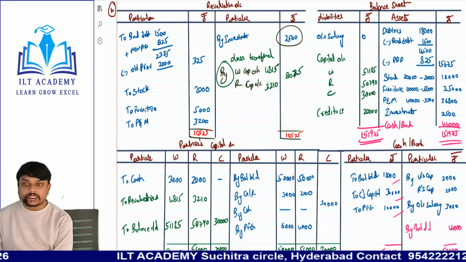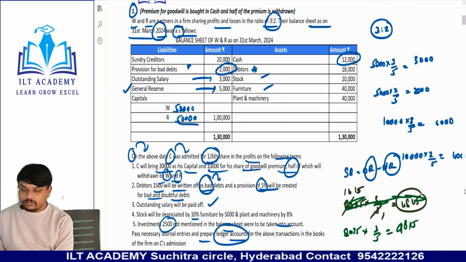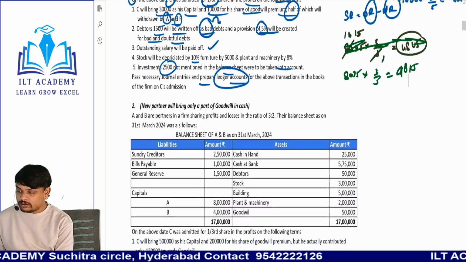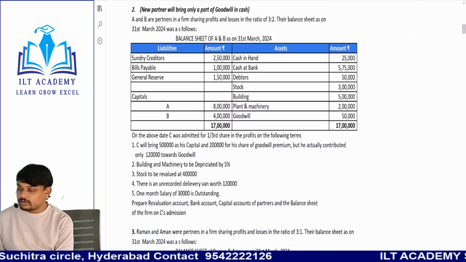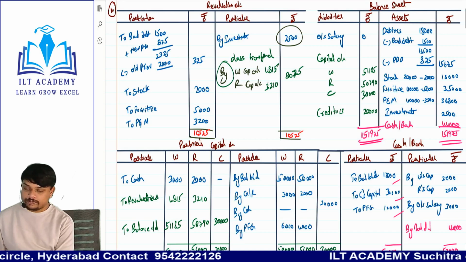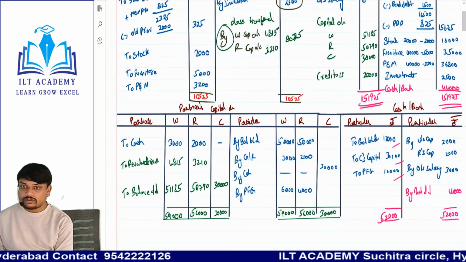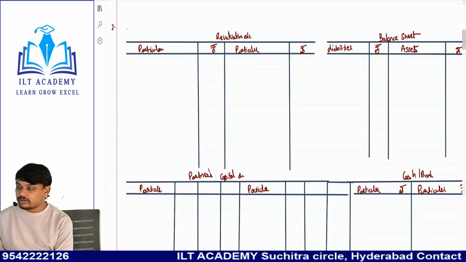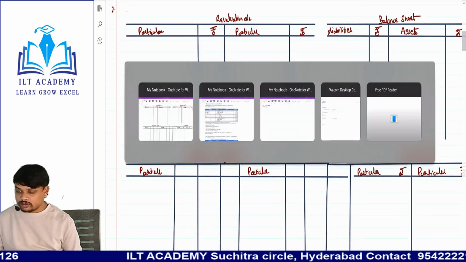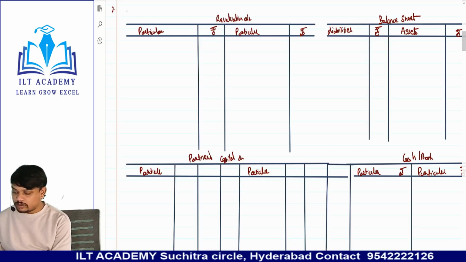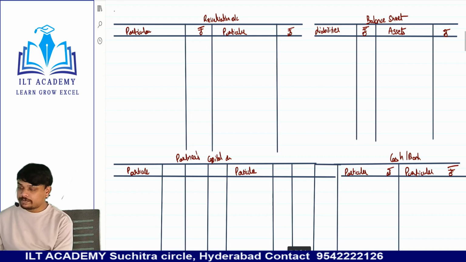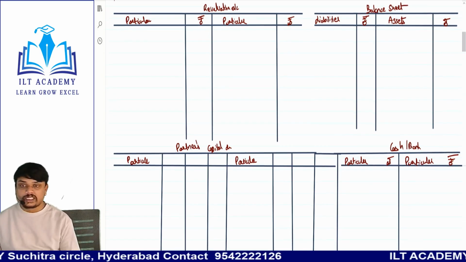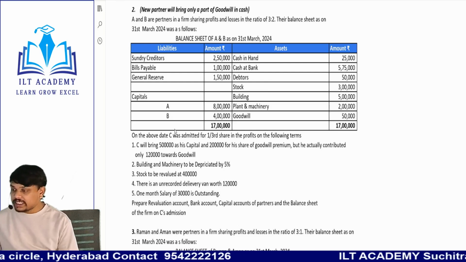Now let us focus on our second sum. Now this is our sum. A, B, C are the partners.